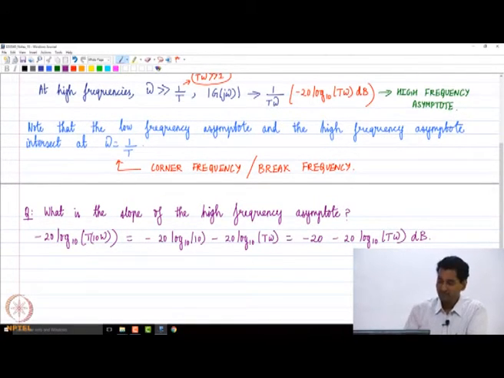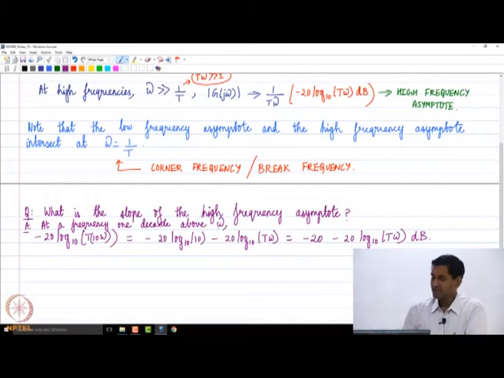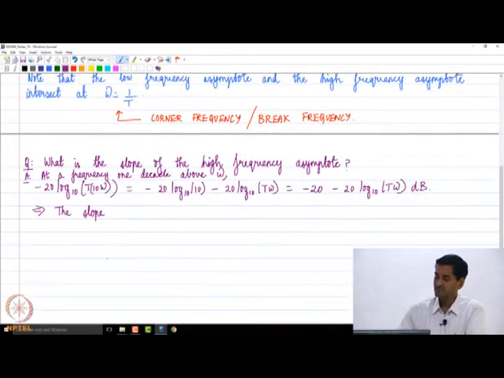So, to be more formal, at a frequency 1 decade above omega, this is going to be this. So what do you think is the slope? The slope of the high frequency asymptote is going to be minus 20 decibels per decade. Why?